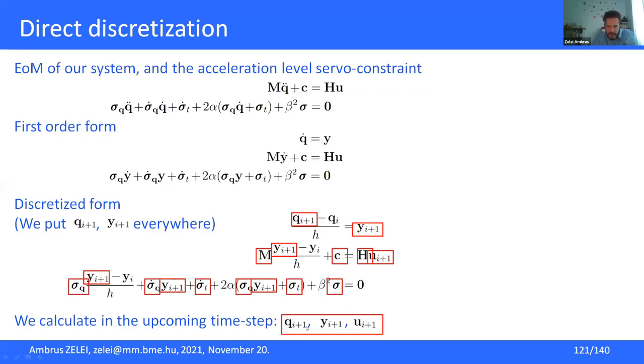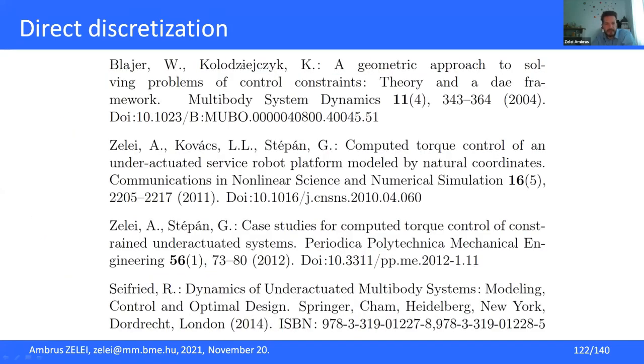So it's full of unknowns, but it can actually be handled with Newton-Raphson and other solvers, which are useful for nonlinear algebraic problems. So it actually works. Some publications can also be found in this slide. The last one is a book, and it has a lot of details about underactuated systems.